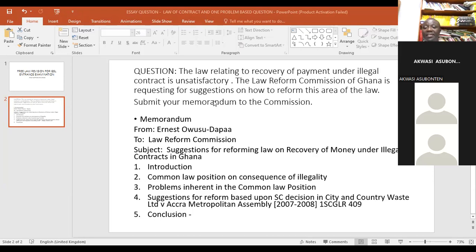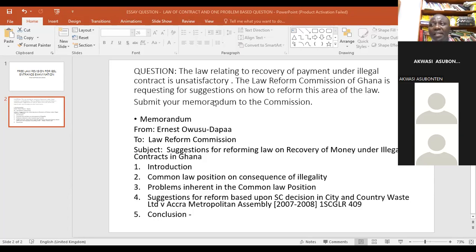So when you have read City and Country Limited against EMA, you will come to appreciate more the things that I'm talking about, and those are going to be the suggestions. The suggestions will be that the Law Reform Commission should embrace the approach which the Supreme Court had actually indicated in this case, and allow guidelines which can be followed, so that you judge the circumstances of a particular case.